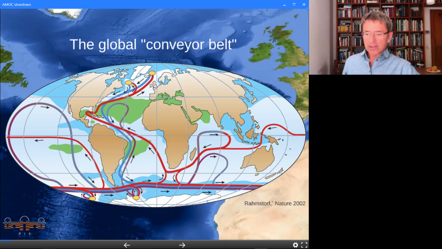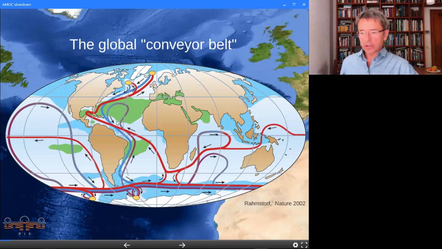When you look at the North Atlantic, you can see this red band. This is warm surface currents moving north. And then in orange, you see these sinking regions where the deep water formation occurs. From there, this blue band, the North Atlantic deep water, is returning south.